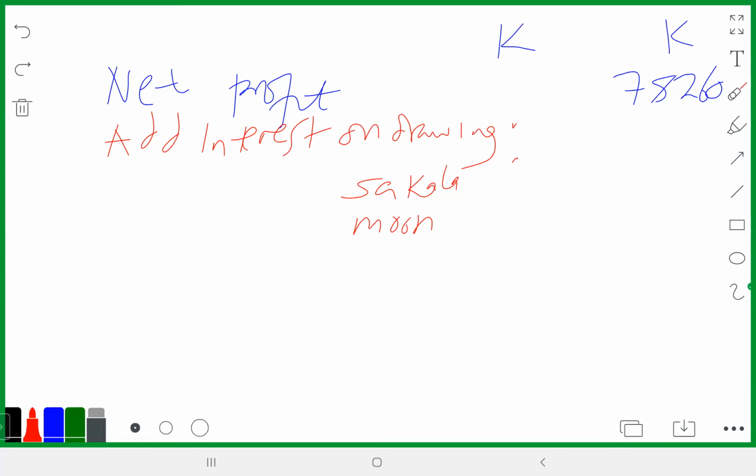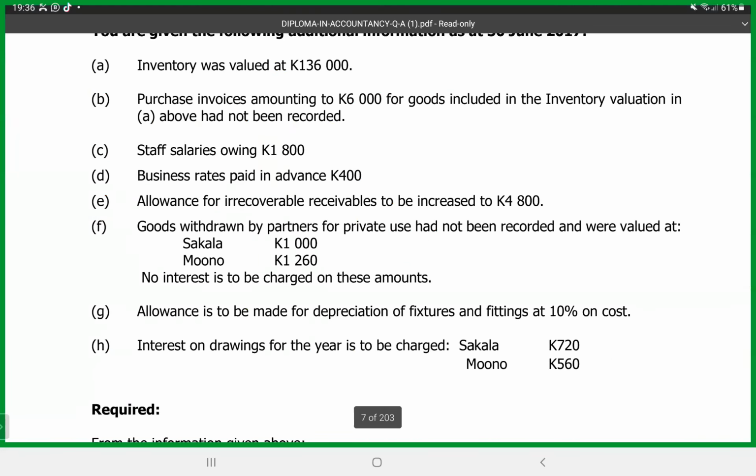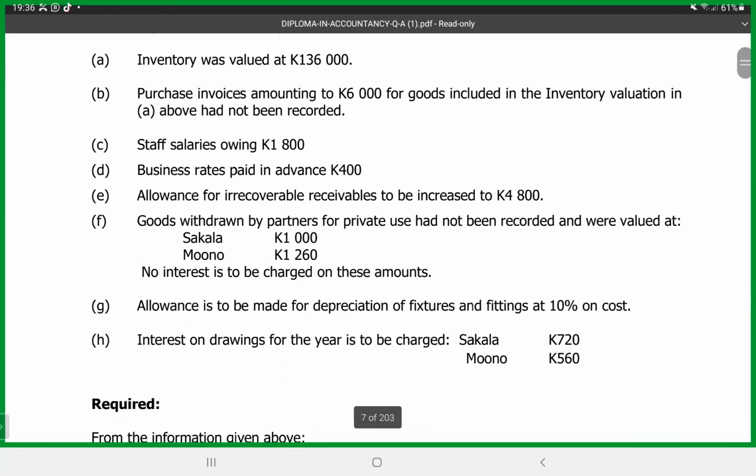So for Sakala, how much was it? The interest on drawings. Let's check for Sakala.